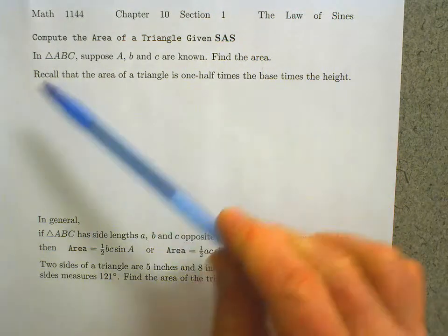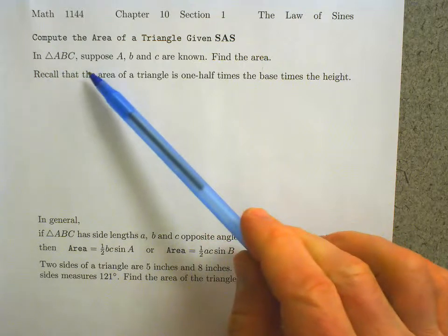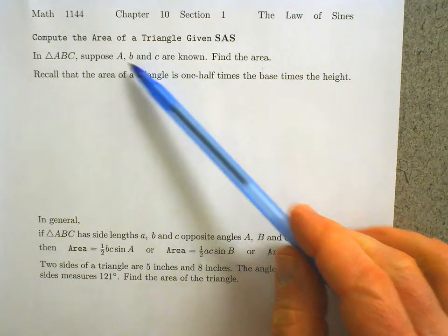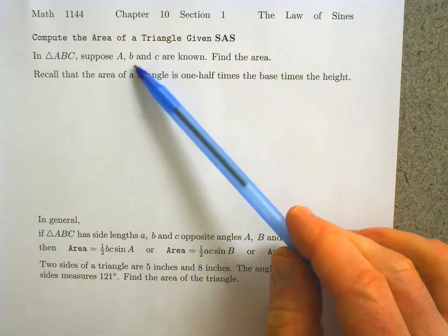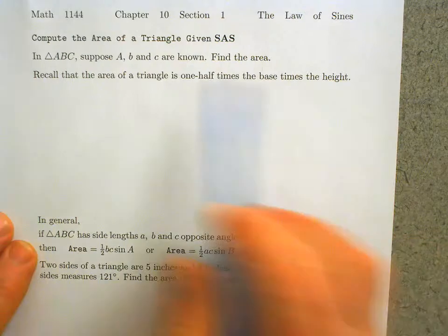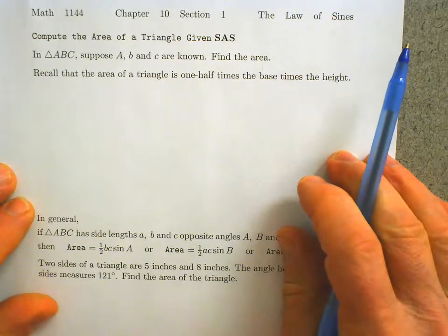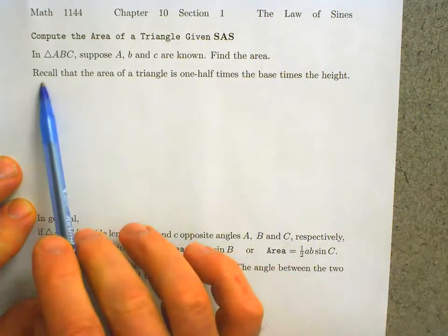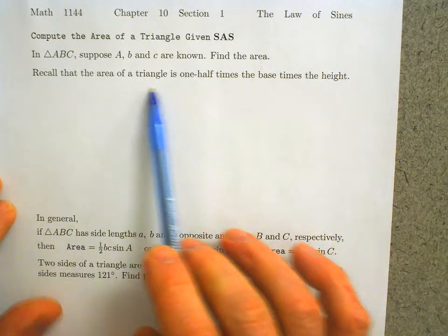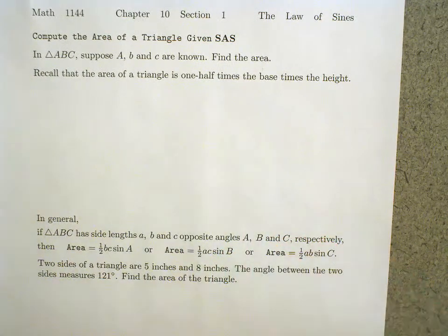Okay, so in triangle ABC, suppose angle A is given and sides lowercase b and c are also given or known. So find the area. So recall from geometry that the area of a triangle is 1/2 times the base times the height.